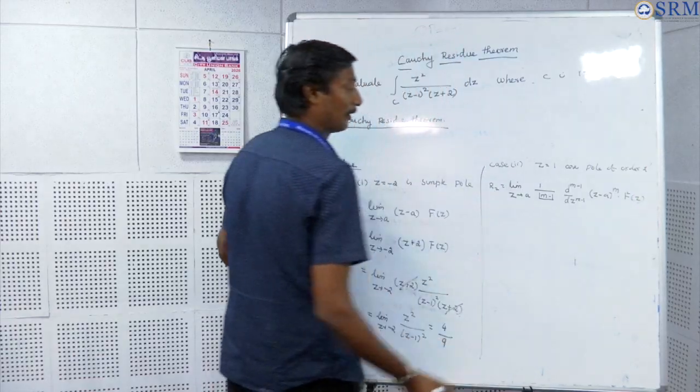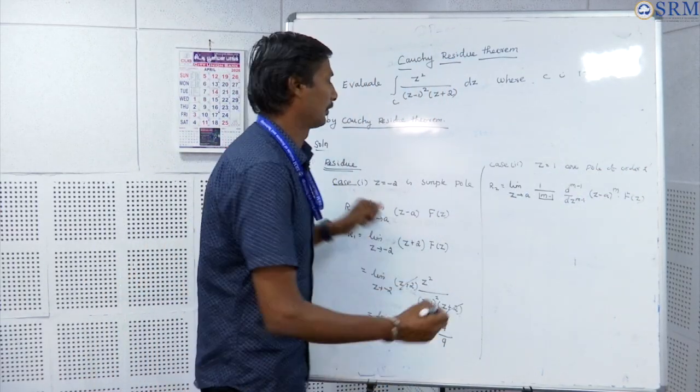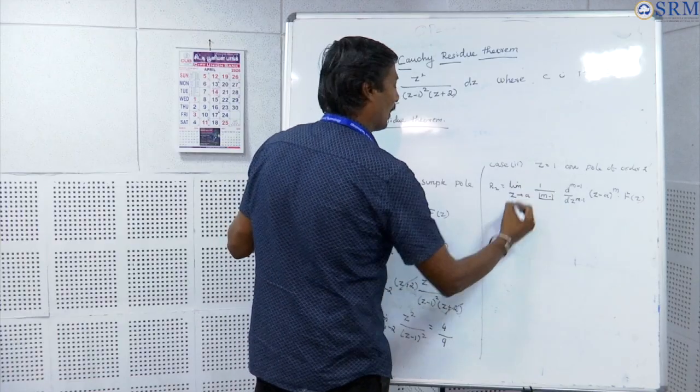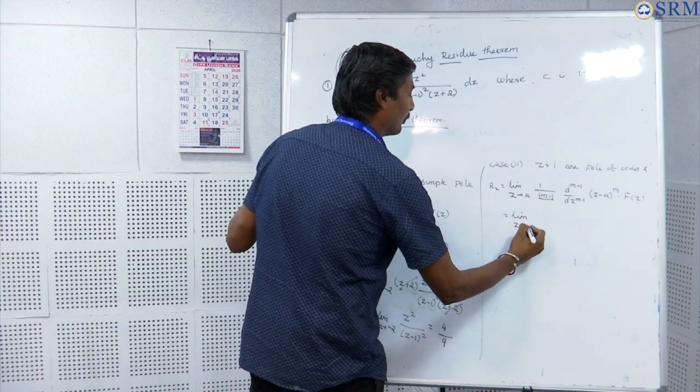This is the general formula. Here m is 2, the pole of order 2, and a is 1. So we substitute in the formula, limit z tends to 1.